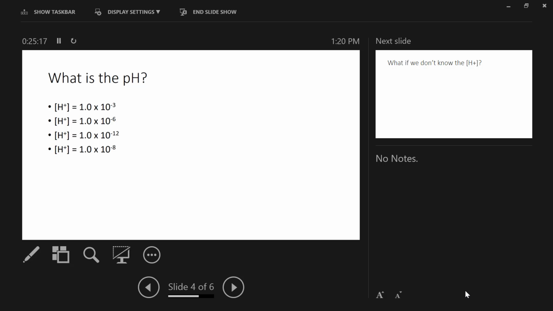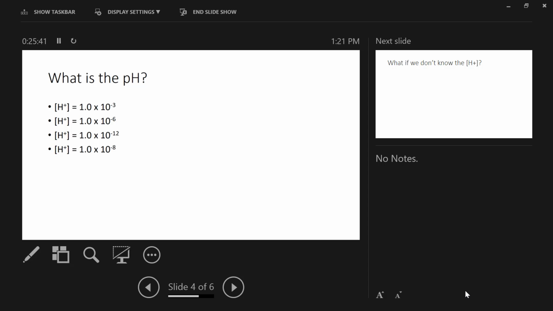You don't have to know what it is to be able to figure out the pH. Because you can just plug in whatever your hydrogen ion concentration is, press logarithm, and then change the sign. Or if you have to write out the script in your calculator, then you just write it all together: negative, logarithm, and then times 10 to the minus 3. Okay? Is that okay? Let's do another one.